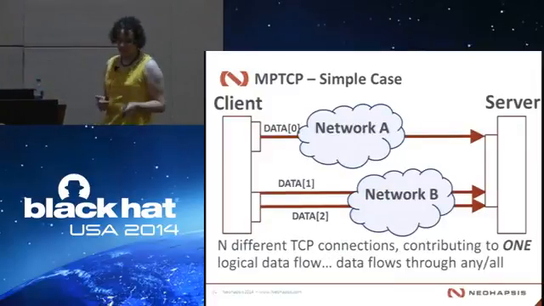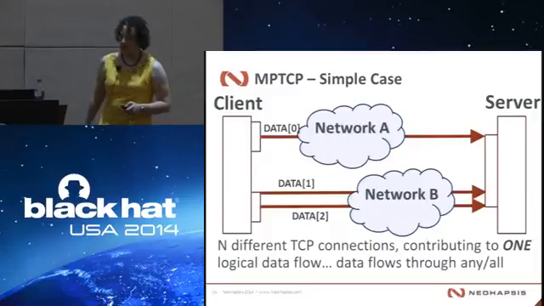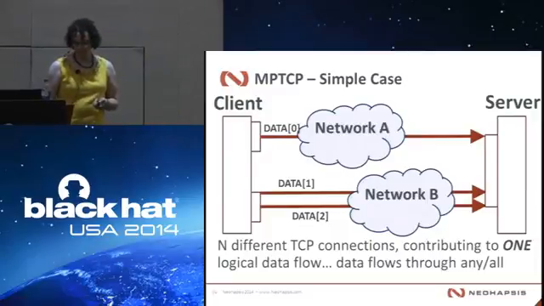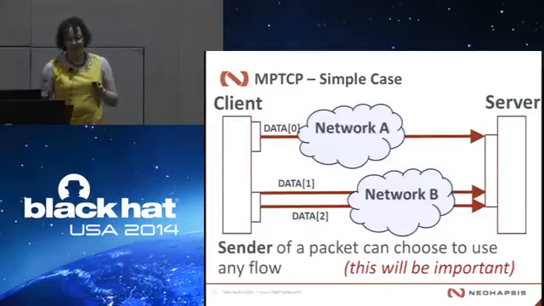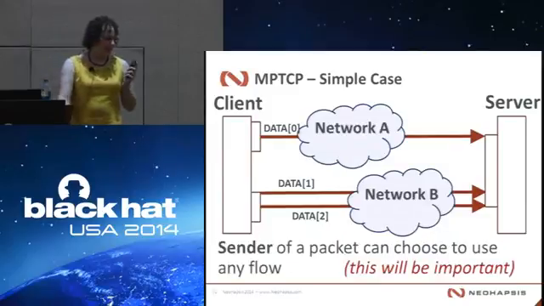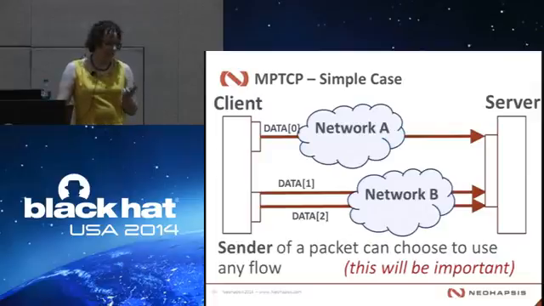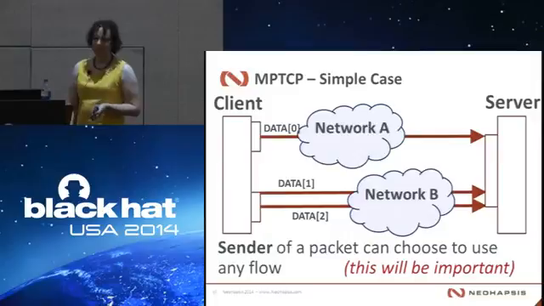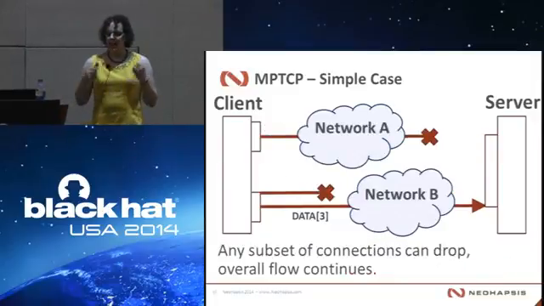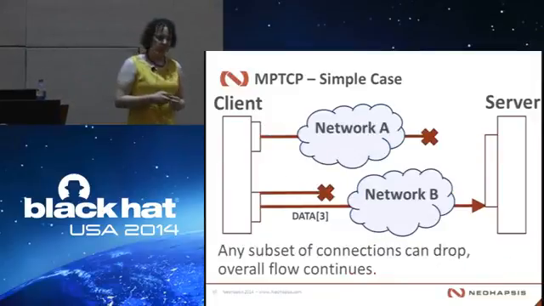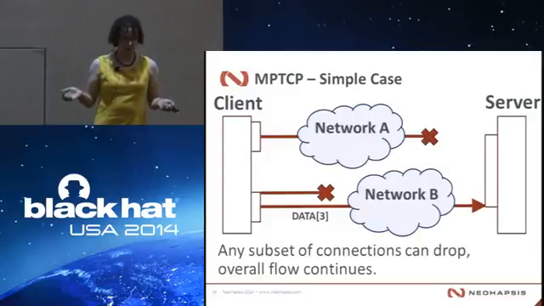Data flows through any or all. You can send any part down any path. We'll get to that later. The thing is, when I said you can send it, the packet sender decides which data goes down which path. That's going to be important later. Any subset of those connections can drop, and it'll keep going.